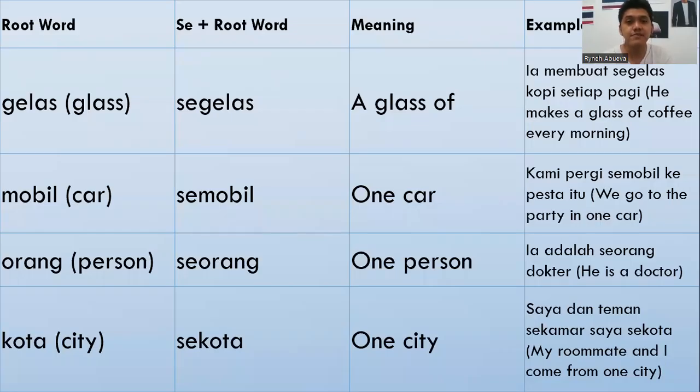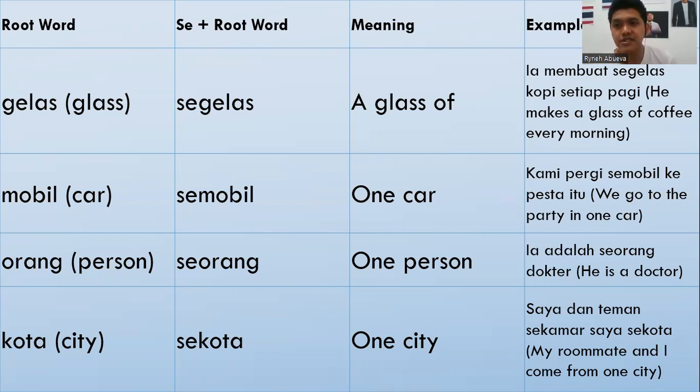So here are examples of words used with the prefix se. For each word that is placed with the prefix, a particular sentence will be given as an example. So I'm going to read them one by one.